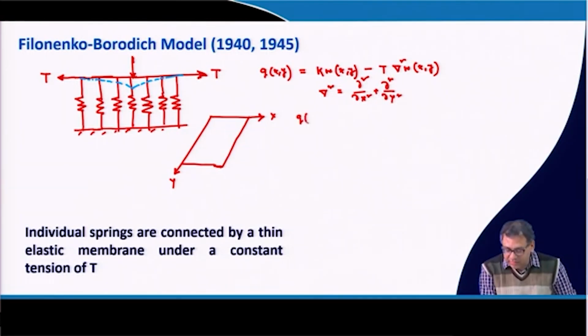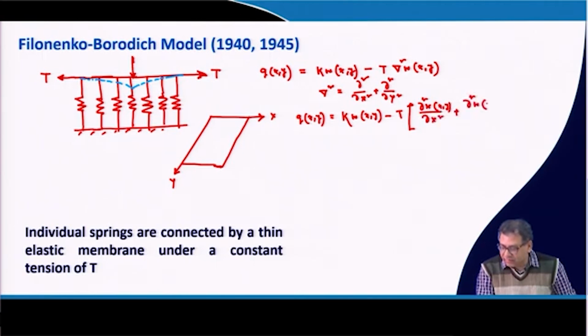So, finally, this equation will be q(x,y) = k w(x,y) minus T times del square w(x,y) by del x square plus del square w(x,y) by del y square.